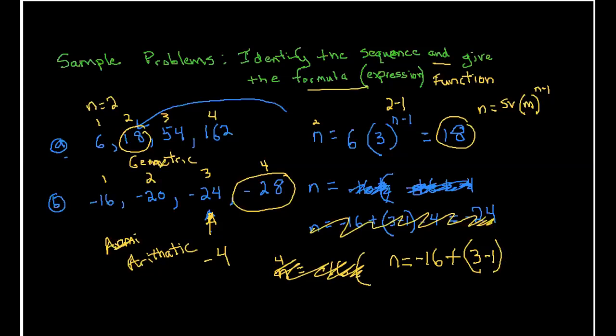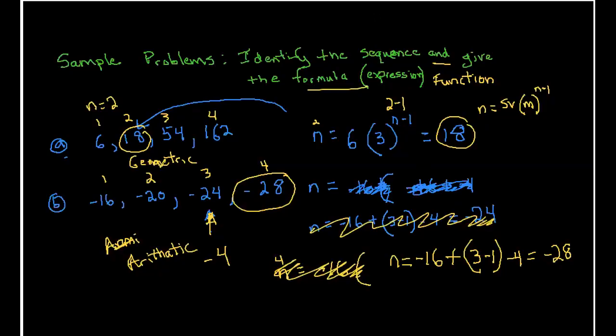I added negative 4, okay? And if I plug that into my formula, that should get me negative 28 at the end. So for the sake of time, I'm just going to cut this a little bit short, but that is the difference between the sequences, and that's how to find an answer for an arithmetic sequence and a geometric sequence.